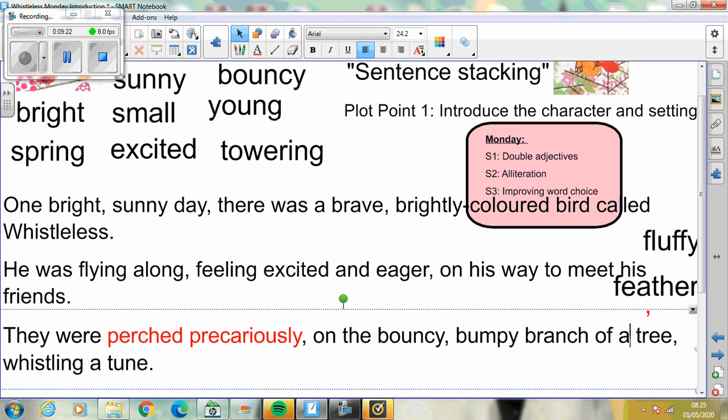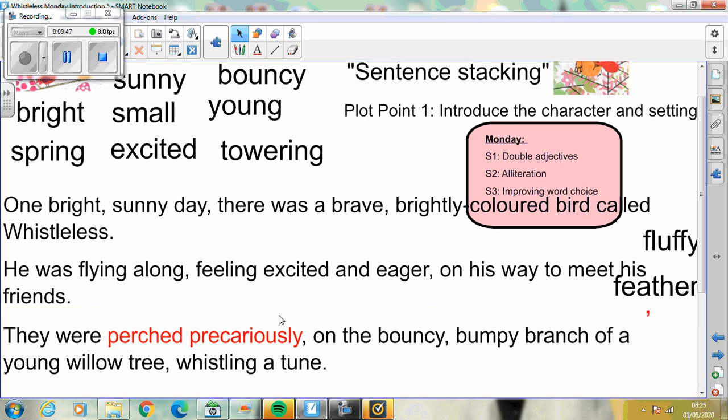And I'm improving my word choice, so I might want to be a bit more specific. So I wonder what kind of tree it is. On the bumpy branch of a young willow tree, whistling a tune.